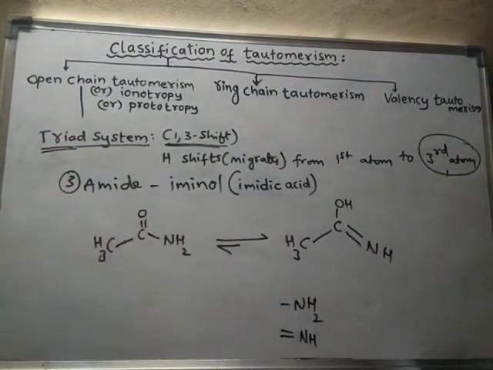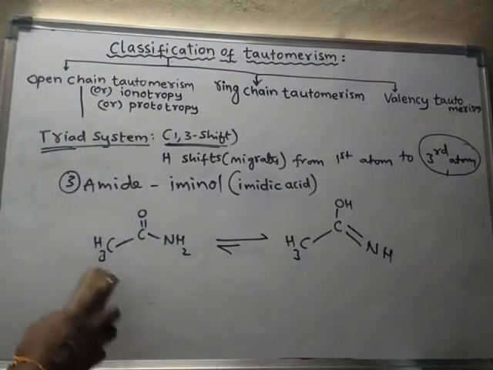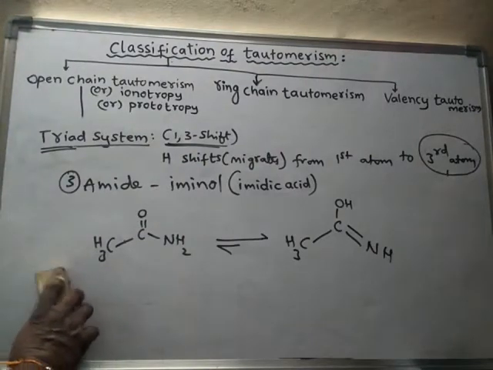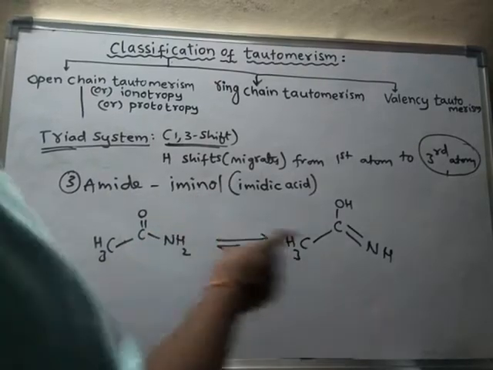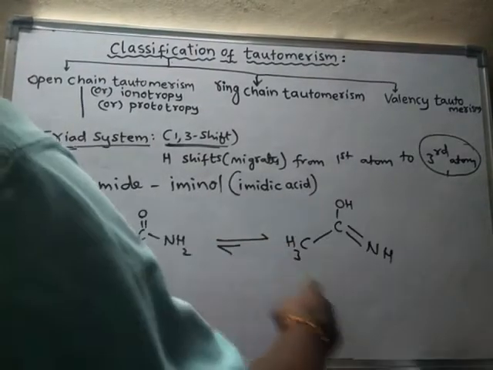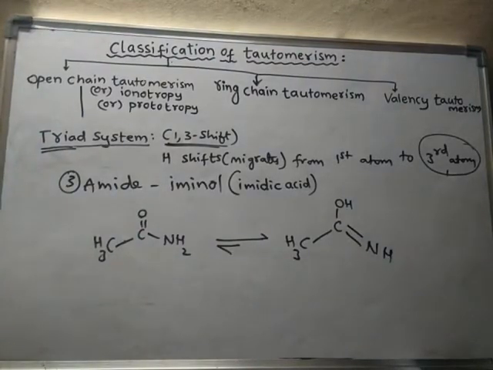Hence it is known as imidol, or else imidic acid. This is the amide and this is the imidol. So here this one is predominating, so it is more stable than this one.